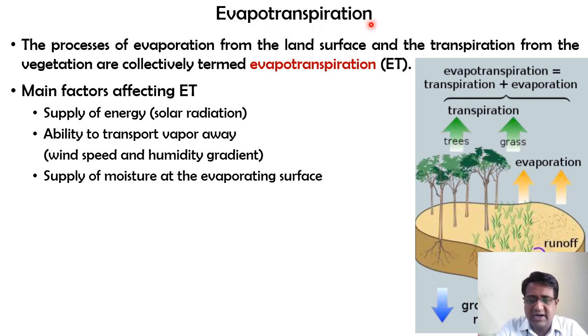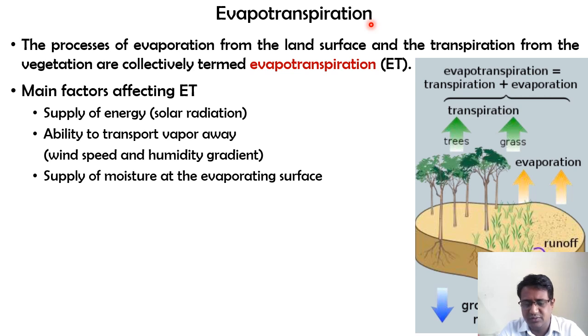Here I'd like to explain why we are not considering transpiration separately, because till now we have discussed the aspects with respect to evaporation, right? The thing is, whenever you want to determine transpiration through any experimentation, it becomes quite difficult. And one more thing is that evaporation and transpiration occur simultaneously from any of the parts.